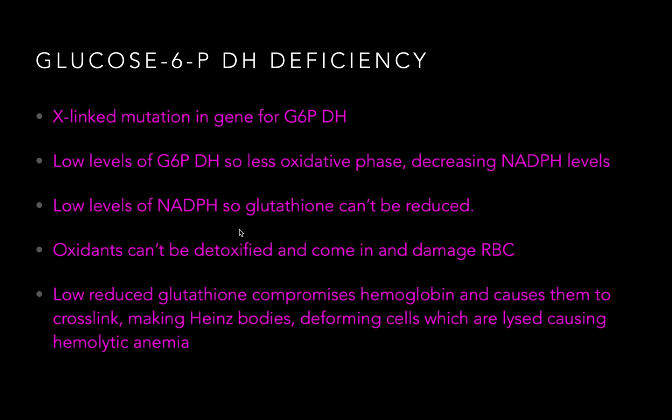Without reduced glutathione, oxidants can't be detoxified, and they can damage the red blood cells. The low amount of reduced glutathione compromises hemoglobin in the red blood cells and causes it to cross-link, making Heinz bodies, which deform the cells. The deformed cells are noted by the immune system and are lysed, causing hemolytic anemia.